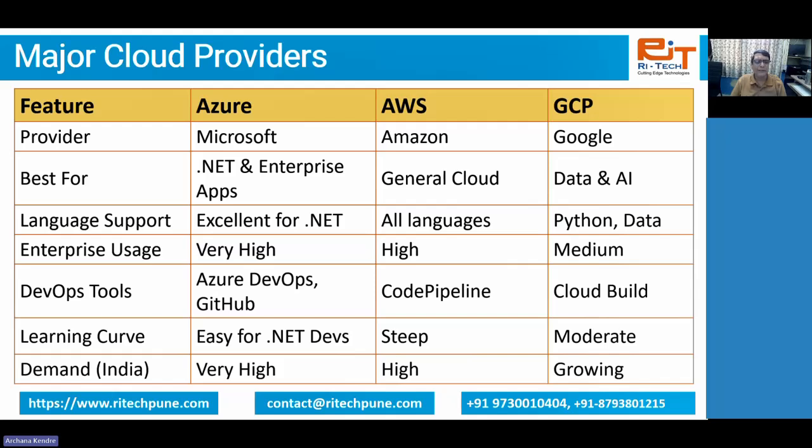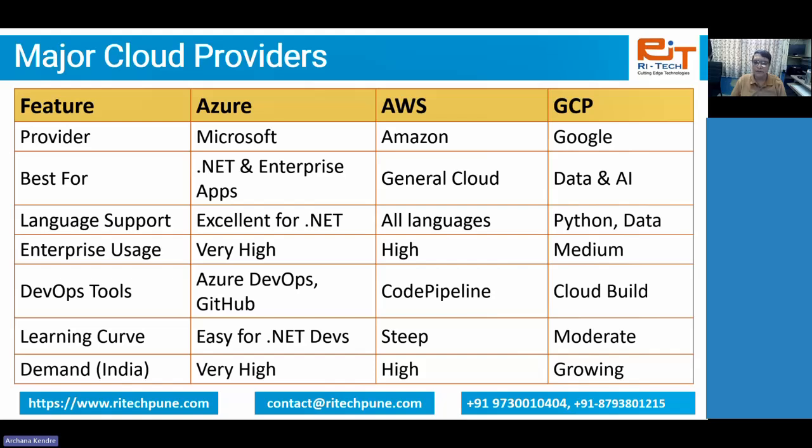It's more compatible with .NET and enterprise applications. Azure is better and faster than AWS when it comes to enterprise application development, or if you use .NET as the application development platform.